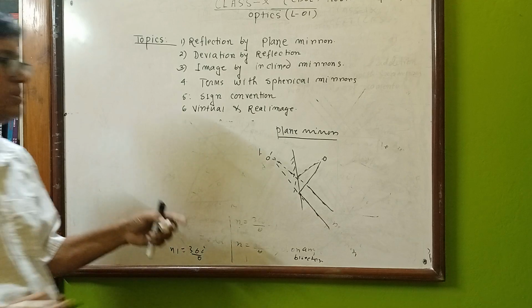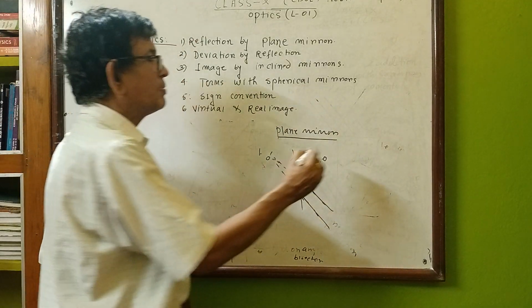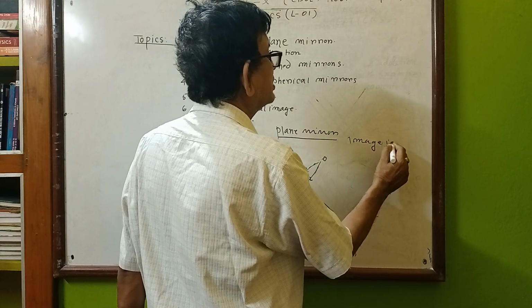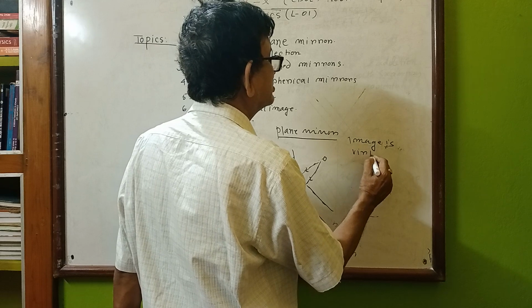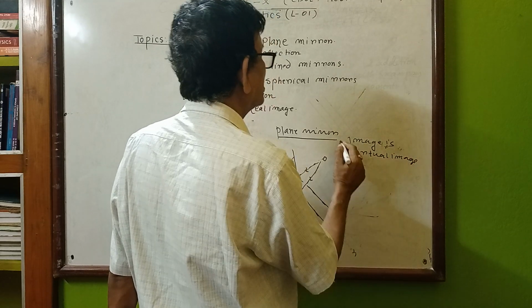Clear, this is the plane mirror, this is the incident ray, and this is the reflected ray. Plane mirror image is virtual. What is a virtual image? The image is a virtual image.